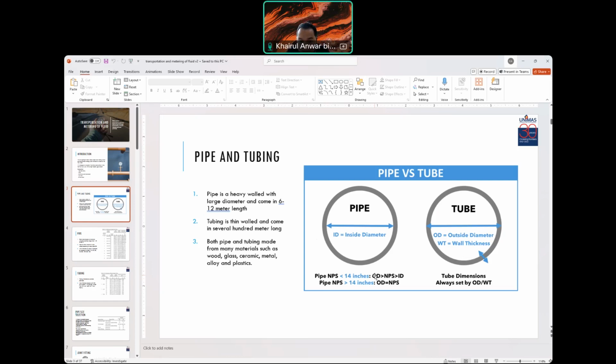For pipe more than 14 inches, the OD is equal to the NPS. Tube dimension is always set by the OD and WT.